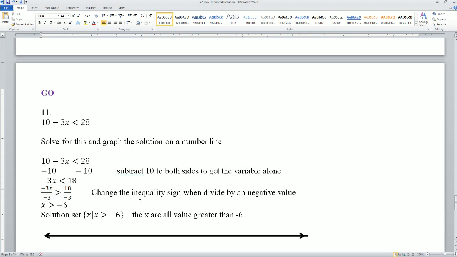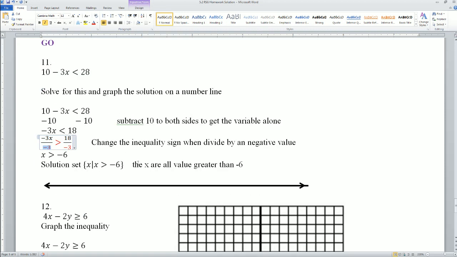Then I will divide. Right? I will change the inequality. Do you see how that flips? Because I divide by that -3. In that process, x is greater than -6. Right? So the solution set is all values of x that is greater than -6.